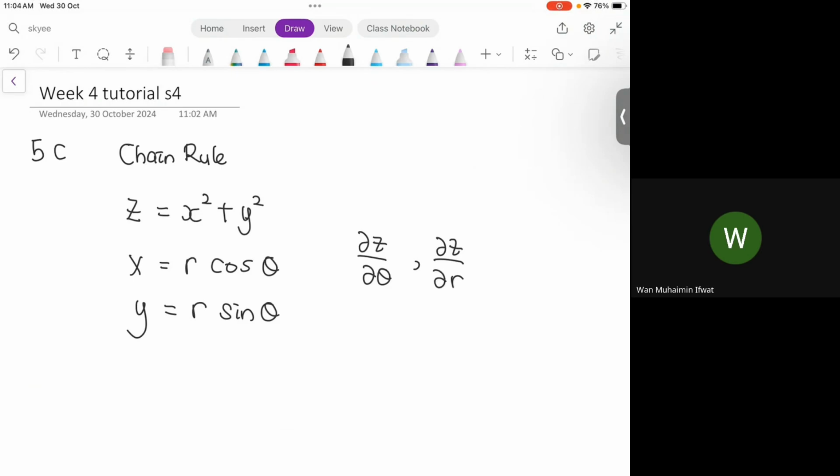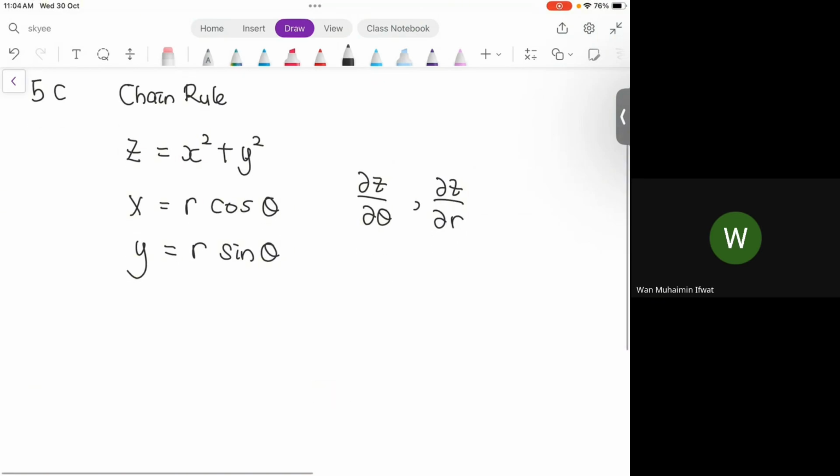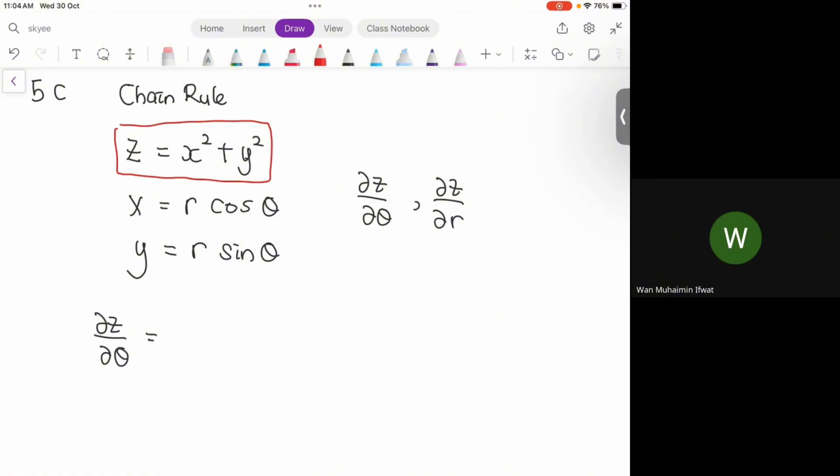The first thing when you want to apply the chain rule is you must form the chain rule equations. How to form the chain rule equations? First of all, write down what you wish to find, which is del z del theta. Then examine your main function and check how many variables there are. You have two variables, x and y.